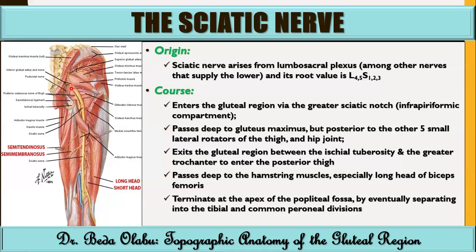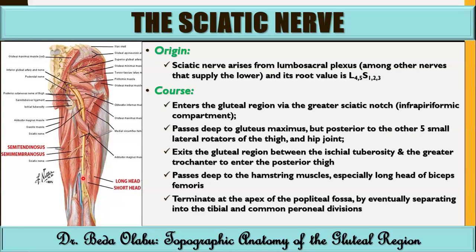These 2 nerves are the tibial nerve and the common peroneal nerve, but they're usually found in one common connective tissue sheath, in which case the 2 nerves can separate anywhere along the path of the so-called sciatic nerve. They may separate within the pelvis, they may separate within the gluteal region, they may separate within the thigh.